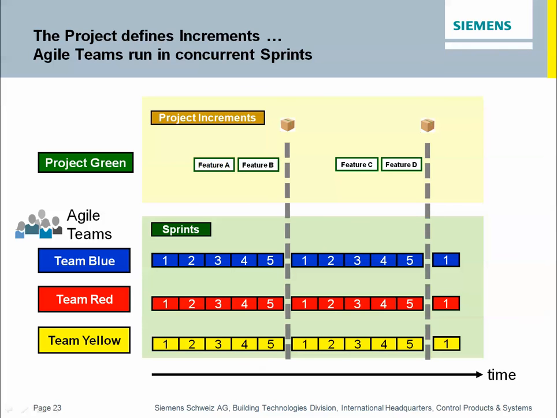The project green defines project increments and also defines the deadlines for features A, B, C, D. Team blue is planning the story for sprint number 1, and obviously there is a dependency, so team red doesn't start in sprint number 1, it starts in sprint number 2, and team yellow starts in sprint number 3, and they all contribute to the same feature C.